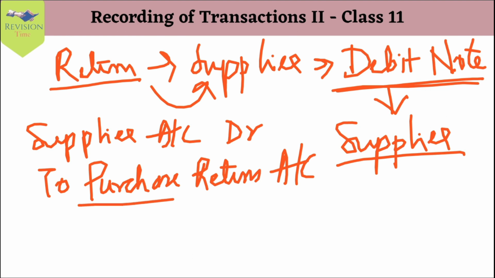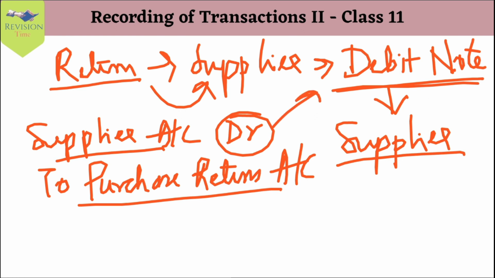So when you are returning goods to the supplier, you are debiting your supplier's account. Hence, we issue a document known as a debit note to the supplier, stating that goods have been returned. Two copies of the debit note are made: one is sent to the supplier and the other is kept with the business for documentation purposes.